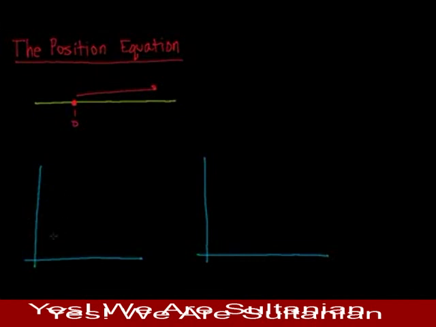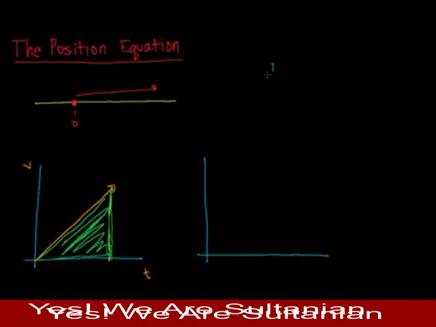Now, if she has constant acceleration, her velocity versus time graph is going to look like this. Now, as we learned, her total change in position based on this graph is going to be the area under this triangle. And instead of using velocity, let's use acceleration. We know that the area under this triangle is the same as 1/2 AT squared.